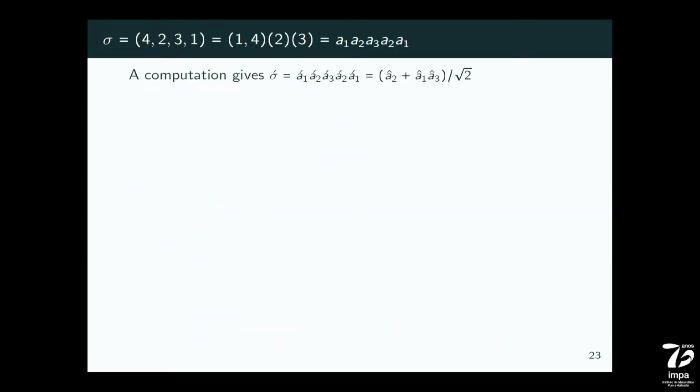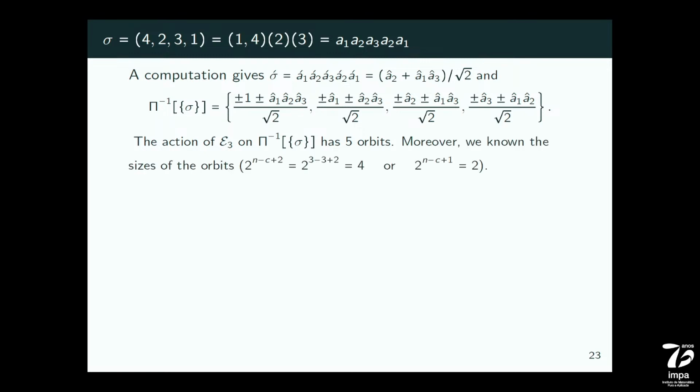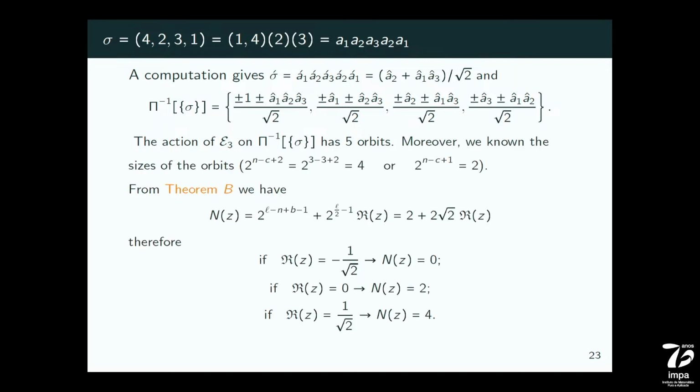We have this. And so how can we compute the number of connected components of this example? So let's start with all this stuff we already spoke about. We should first compute this, and we have these 16 elements. For the action of this group of signs, we have 5 orbits, and we know the size of the orbits.